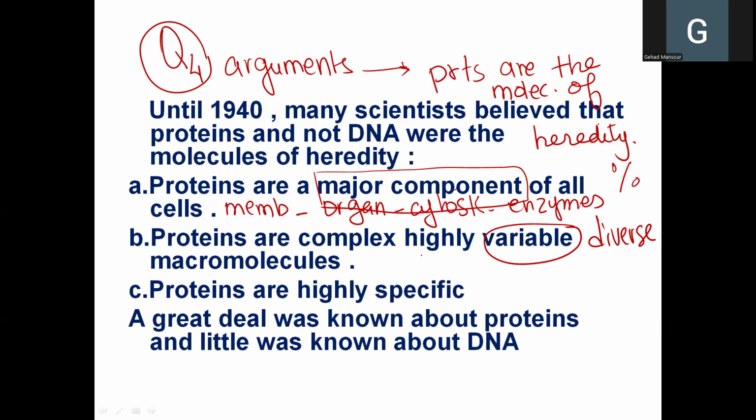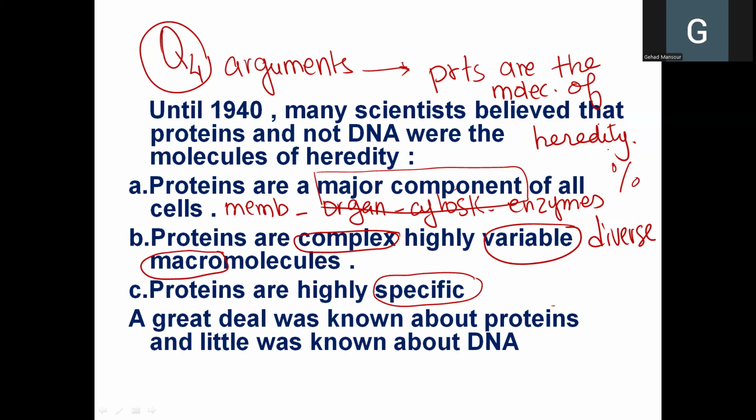They are diverse, they are complex, they are macromolecules, big molecules, which might give the impression that they must be responsible for major functions inside the cell. Furthermore, they are very specific, and therefore they do specific functions in the cell.